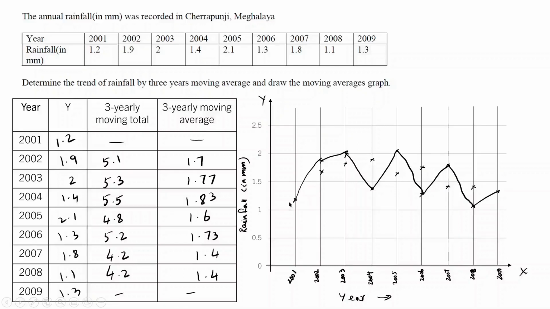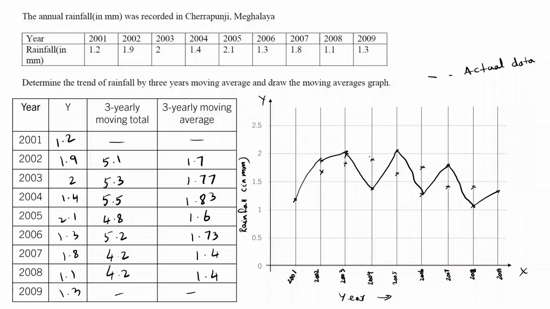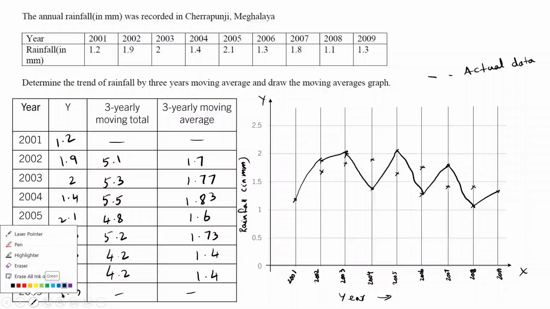So we have to differentiate the lines. So here, this straight line, this is actual data. We have to write this also. And then we can either use a blue pen and a pencil to differentiate these two. The blue pen can be used for actual data and a pencil for moving average, or vice versa, or we can use a dotted line, a straight line like this, and a dotted line for moving average. Since I have the option to use a different color, let me use a different color to differentiate these two.